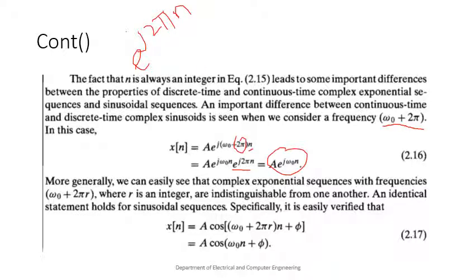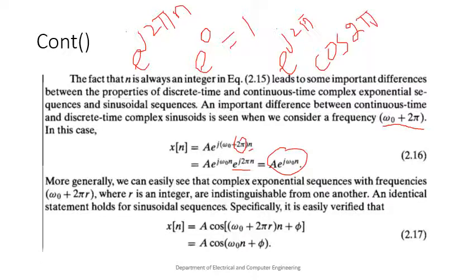If I take n to be 0, this will become e raised power 0, which is equal to 1. Even if you take n equal to 1, it becomes e raised power j 2 pi. If you expand this, it is cos of 2 pi plus j sine of 2 pi. We know that cos of 360 is equal to 1 and sine of 360 is equal to 0. So this will again become 1.